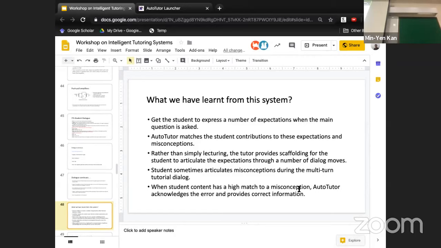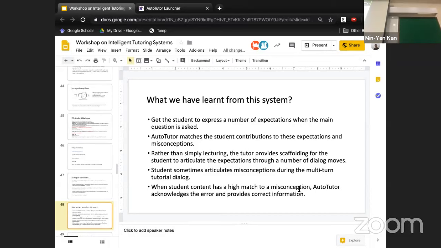Whatever the student inputs in the box will be compared to the student model or pedagogical model, and then the tutor will provide adapted feedback to the student.